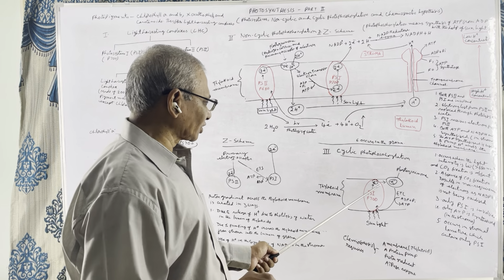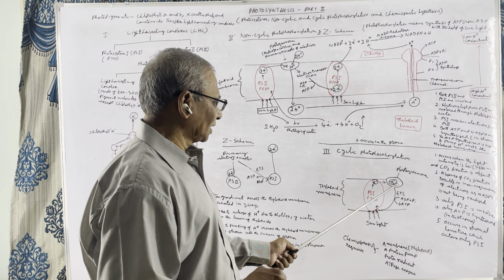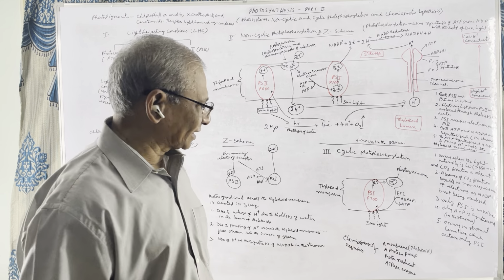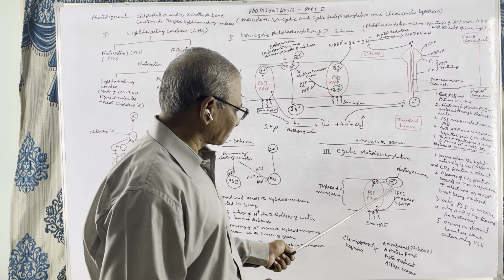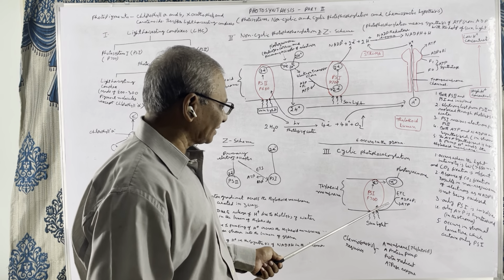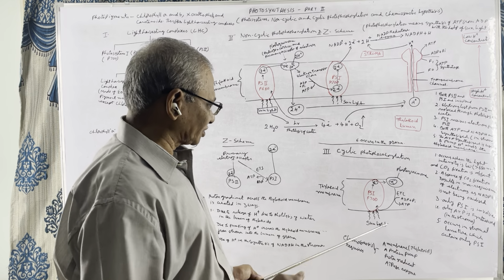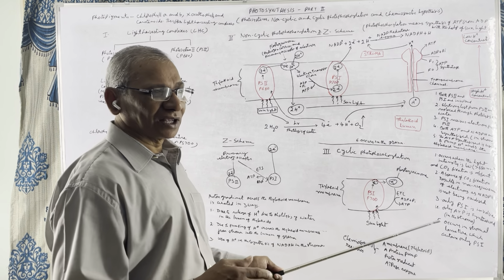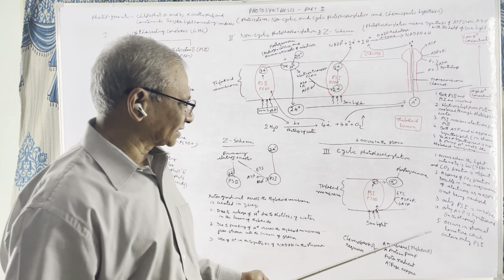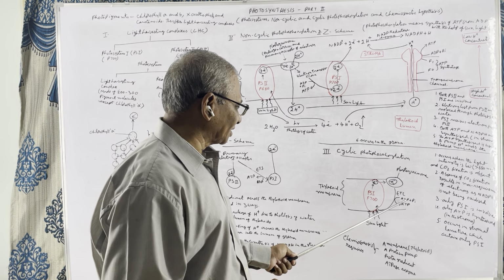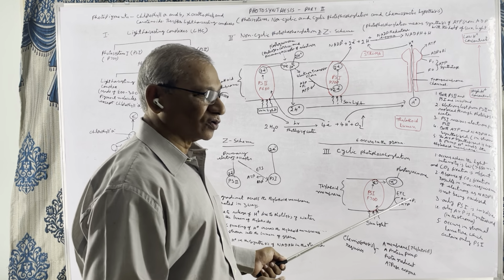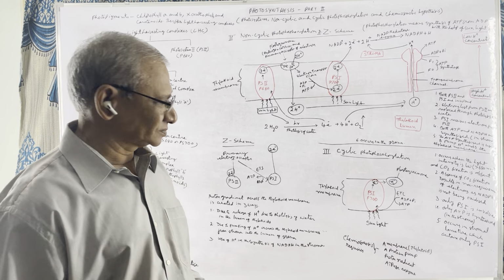So the initial electron acceptor is plastoquinone, then the electrons are transferred to the electron transport chain, and as the electrons pass through the electron transport chain in a stepwise fashion, the energy stored in the electrons is released, and that energy is used in synthesizing ATP from ADP. In this way, phosphorylation takes place or photophosphorylation takes place.